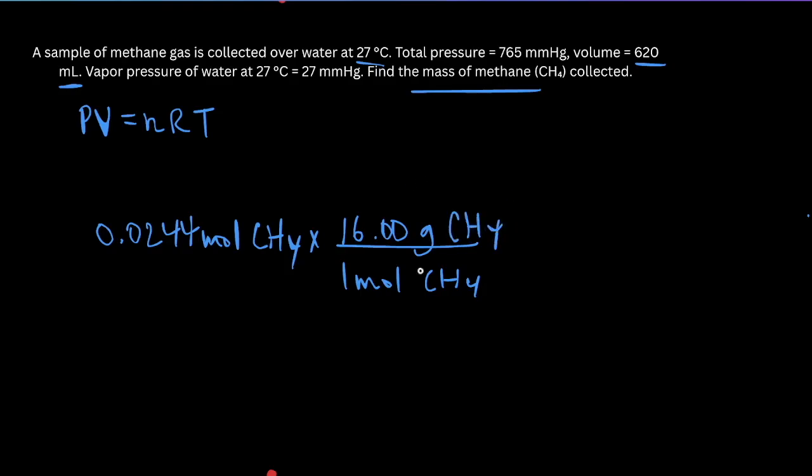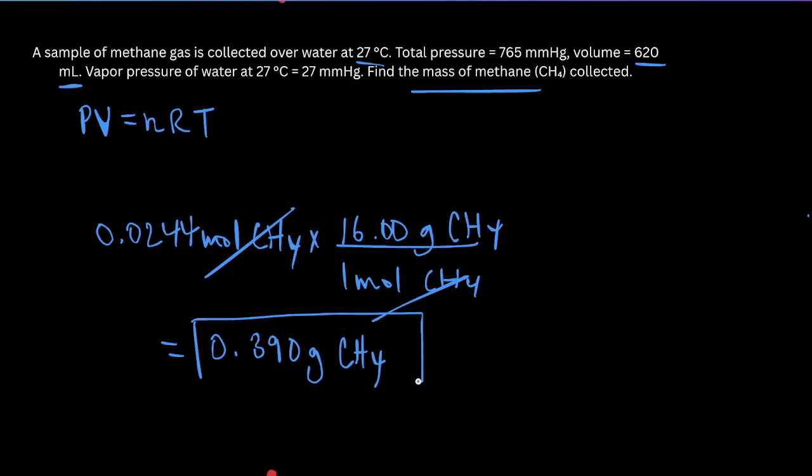We just calculated that molar mass. Canceling out our units of moles gives us an answer of 0.390 grams of methane collected. This here is the answer to this problem.